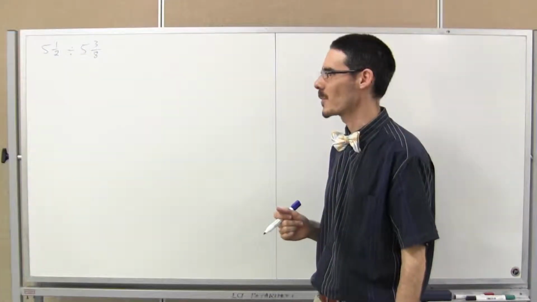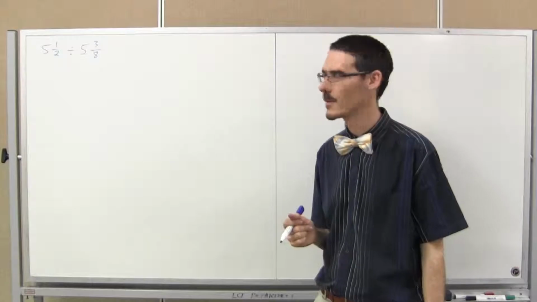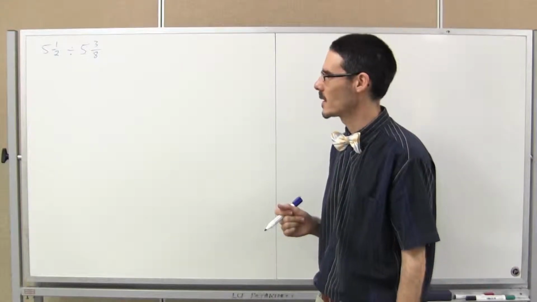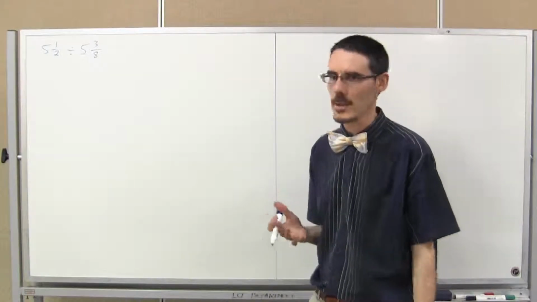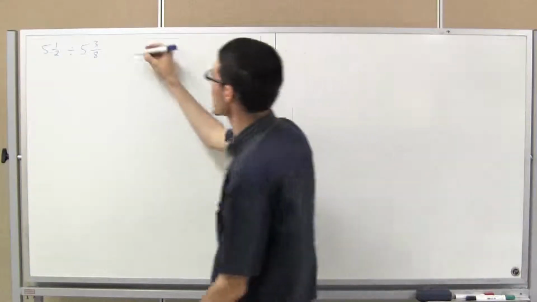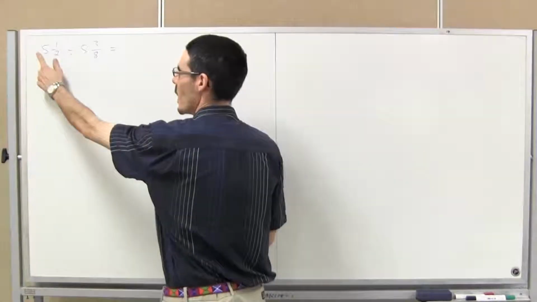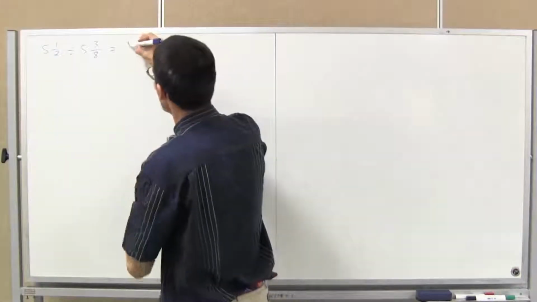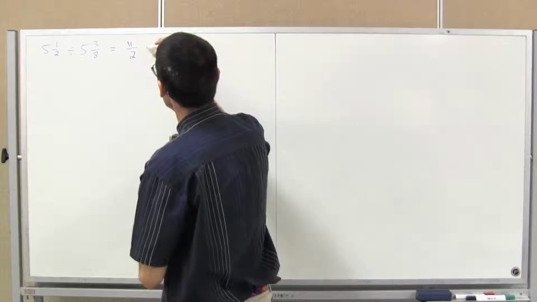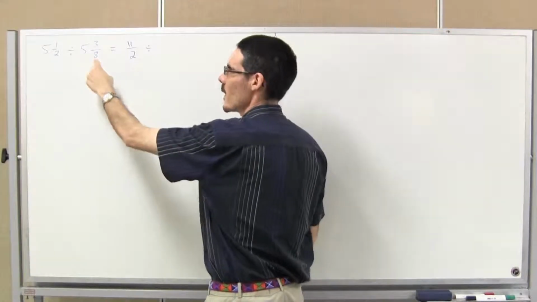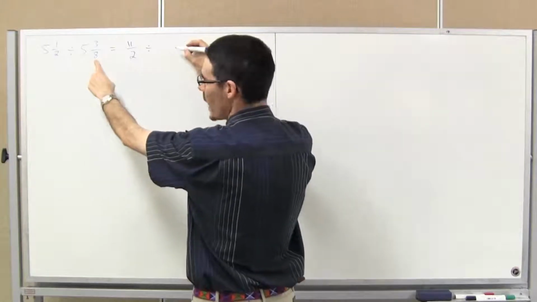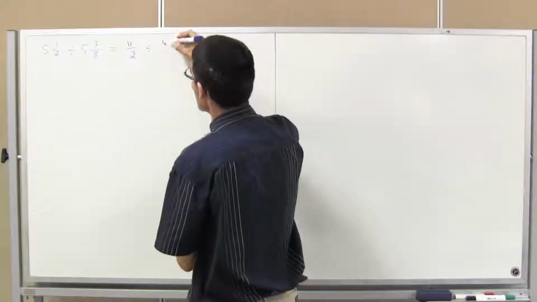Our final example has two mixed numbers, 5 1/2 divided by 5 3/8. Well, convert the mixed numbers to improper fractions. 5 1/2 is 11/2, divided by 5 3/8. 5 times 8 is 40 plus another 3, 43/8.